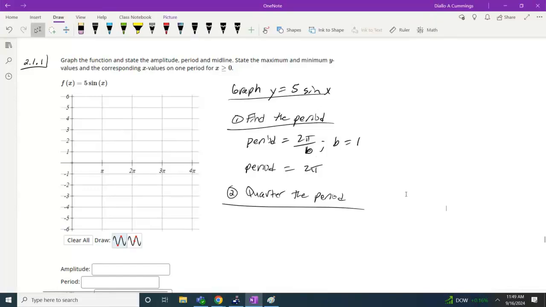Since the period is 2 pi, I can use the quartered period values from the previous 2 examples. So we have 0, pi over 2, pi, 3 pi over 2, and 2 pi.